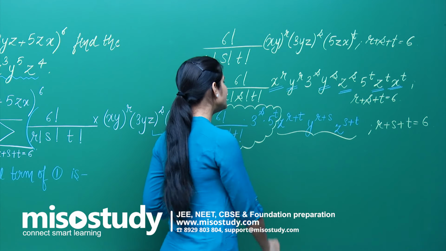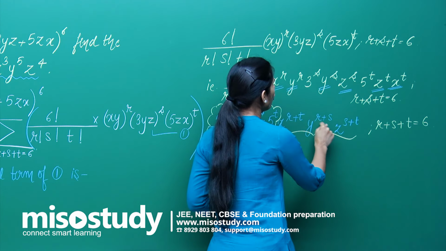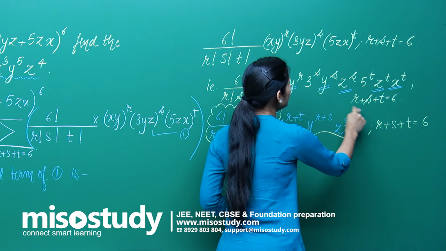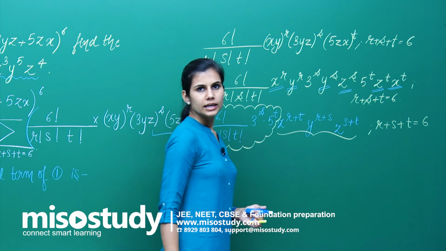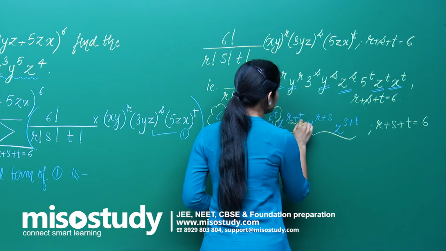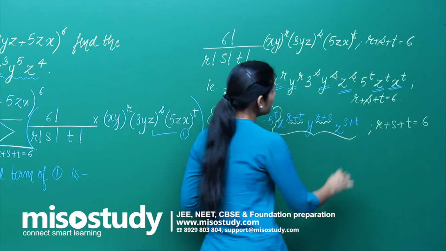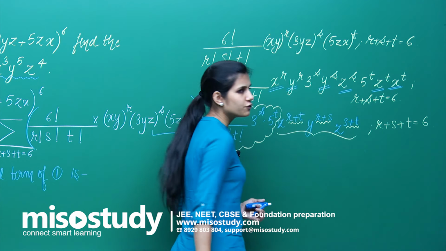If I want x, y and z to sit in such a combination that over here I should get a 3, over here I should get a 5, over here I should get a 4, in that case what basically I want is r plus t to be equal to 3, r plus s to be equal to 5 and s plus t to be equal to 4.